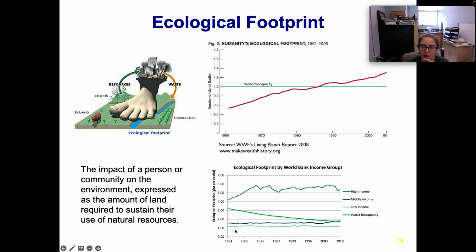We see that low-income people have the lowest ecological footprint and tend to be the most sustainable because they're using the least amount of resources. Middle-income people don't use many more resources than the low-income people do, but a bit more. Whereas high-income people use a lot more resources than everybody else.